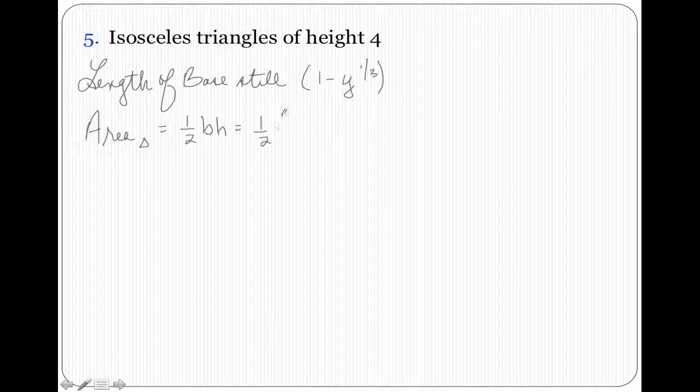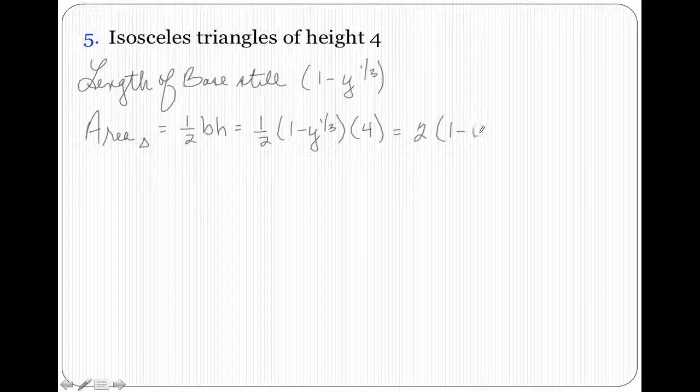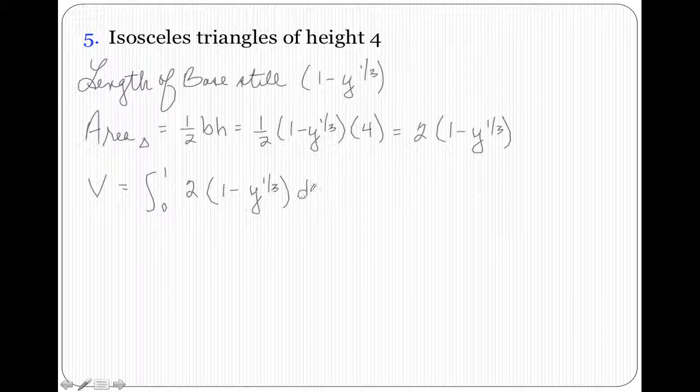So the base is the 1 minus y to the 1/3. Height is 4. So that simplifies to 2 times 1 minus y to the 1/3. Then finally, to get the volume, limits of integration remain as 0 to 1, the y values of that specific area. And this one for you should be coming out approximately 0.5.